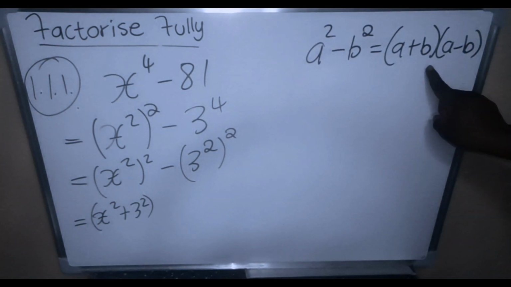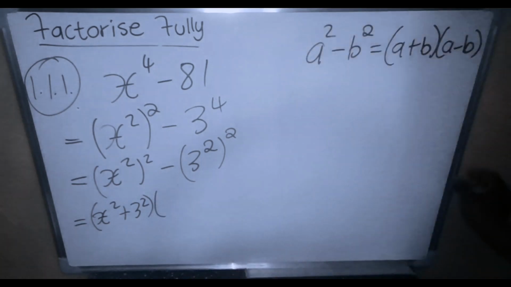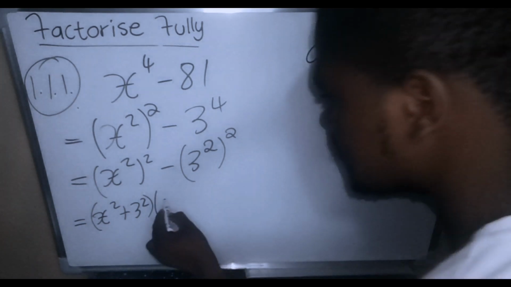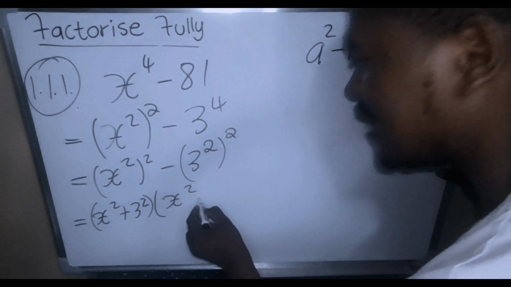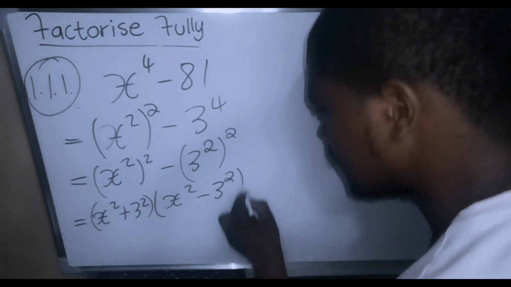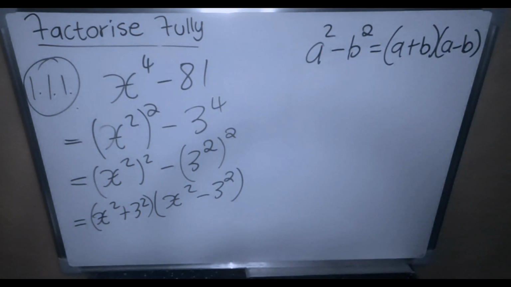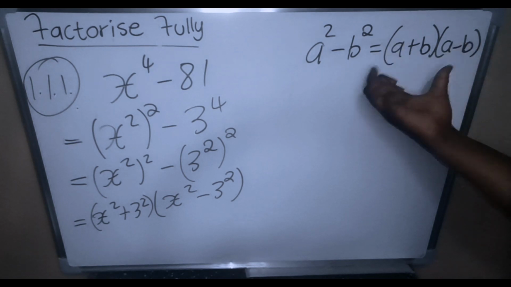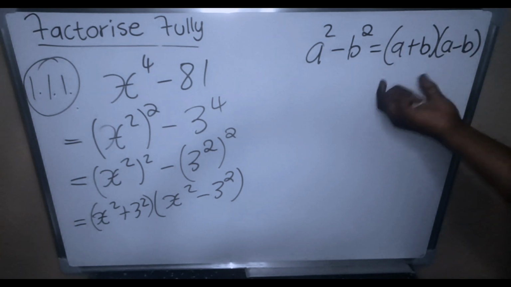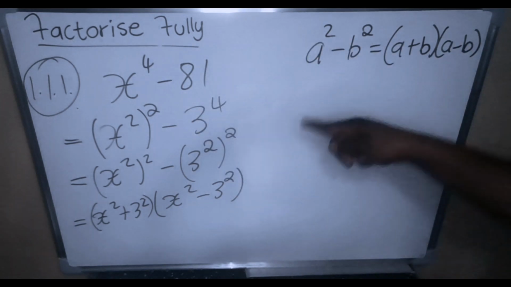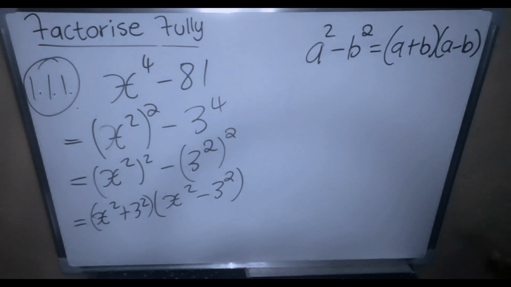Then another bracket: x squared minus 3 squared. We are clear. Now, are we good? We are good. This is the rule. Please put this rule in your head so that when this type of question comes again, you use it.